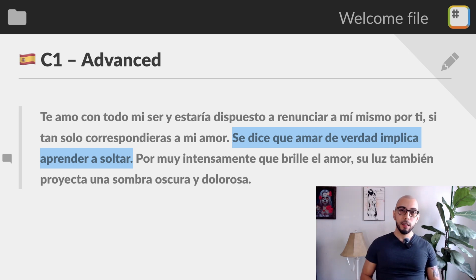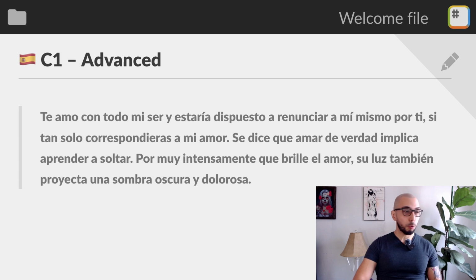Se dice que no pueden tomar alcohol aquí. Se dice que no pueden fumar aquí. It's just this impersonal pronouncement. Se dice que amor de verdad implica aprender a soltar. And it rhymes too. How can I not love it? They say that true love implies learning to let go. And that's true.